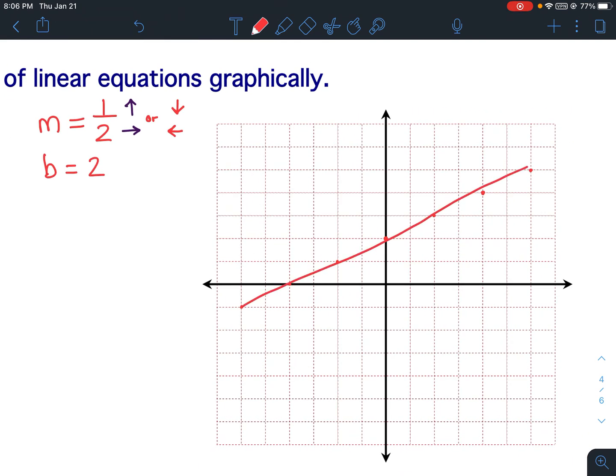And draw your line. Again, extend it out past the grid lines. Put arrows on the end. And let's label this 5A.